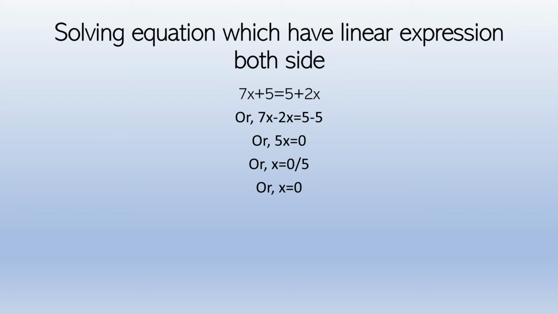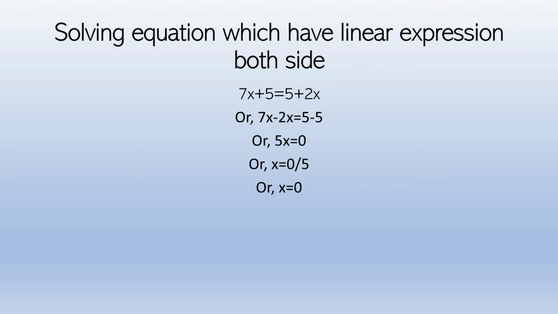To do this, first we will change the variable 2x from the right hand side to the left hand side and the constant plus 5 from the left hand side to the right hand side. Then we get our second step, which is 7x minus 2x equal to 5 minus 5. From this we get our next step, 5x equal to 0.